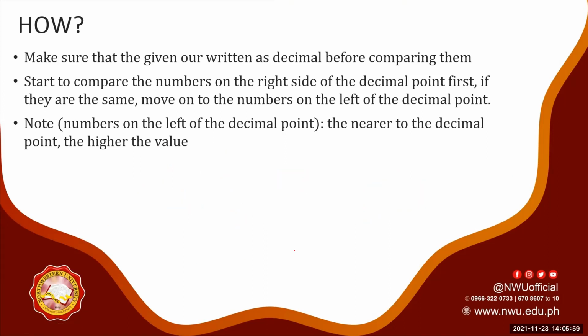Okay? So let's try to look at this example. Since our whole number here is 0, while this is 2, of course, alam natin mas marami si 2 kaysa kay 0. That's why ang operator natin ay ganyan. How about this? As you can see, parehas silang walang whole number.